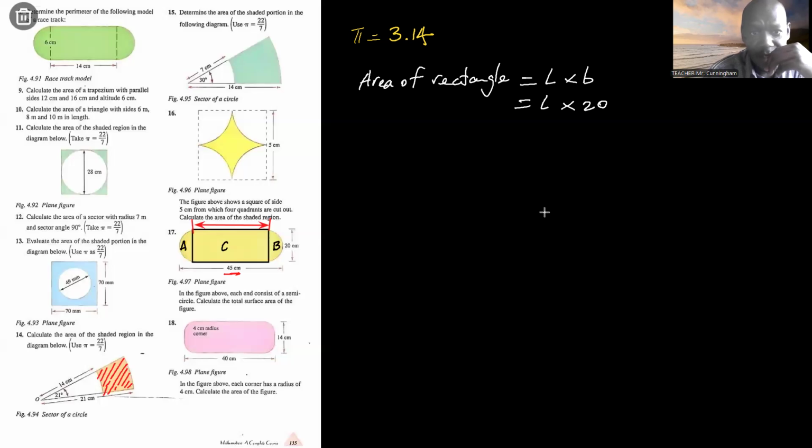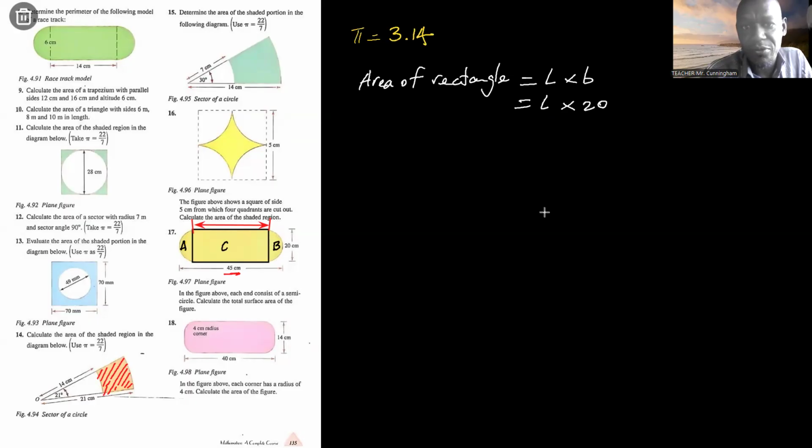Try again, Garcia. It can't be 45. It has to be less than 45, because the entire length taking up the semicircles is 45.